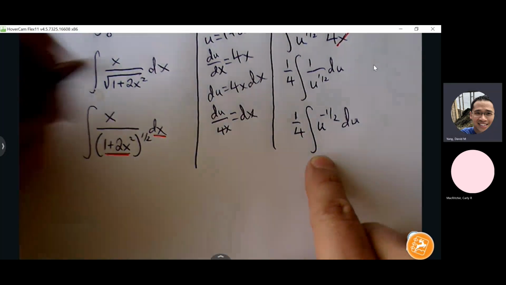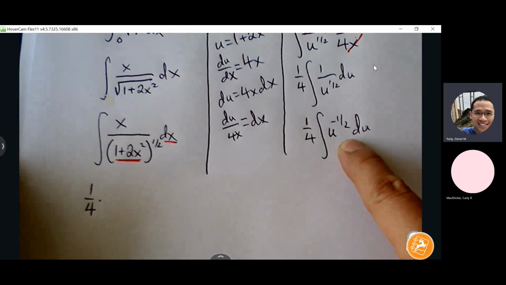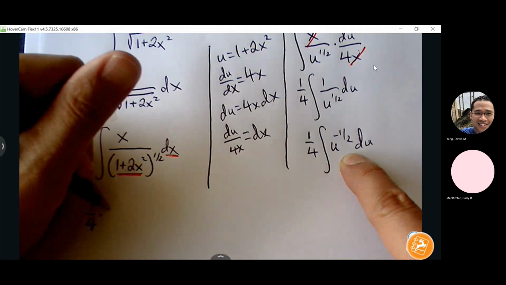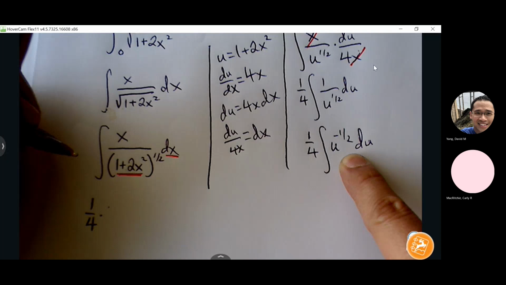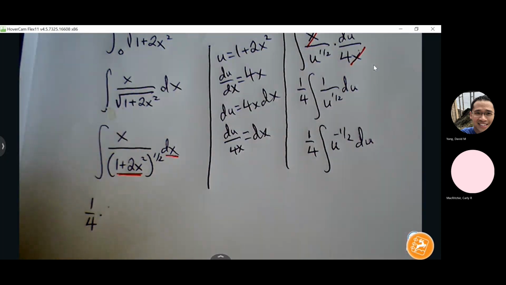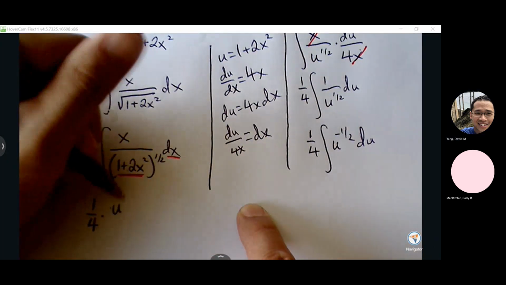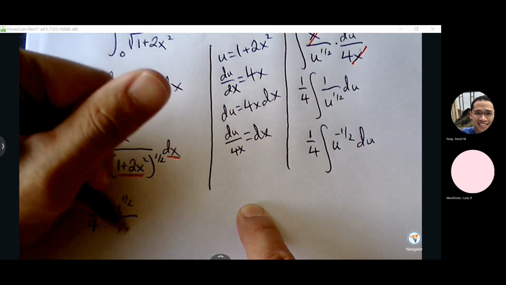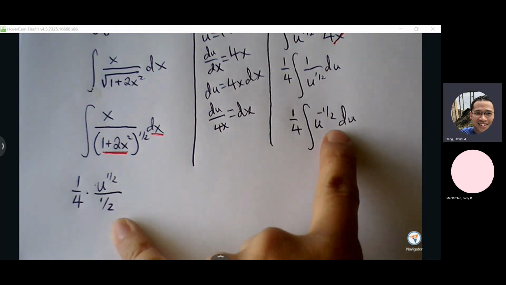Okay, we're ready for power rule. u to the negative 1/2 becomes... okay, everybody good with this?